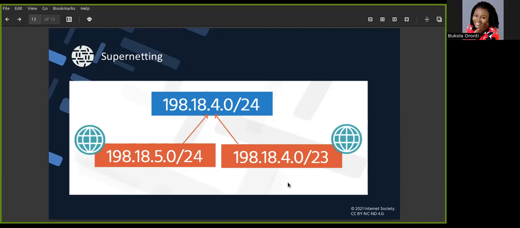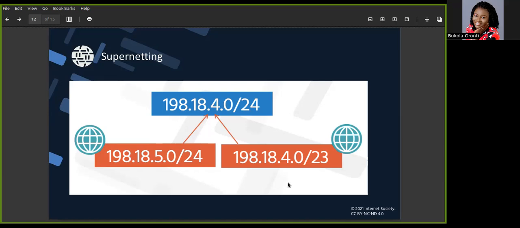Thus, it causes router overloads on your network. This challenge can be overcome by combining multiple subnets into one supernet and classless routing of data packets between network nodes. And like I said earlier, supernetting is only possible between networks if the networks are contiguous.